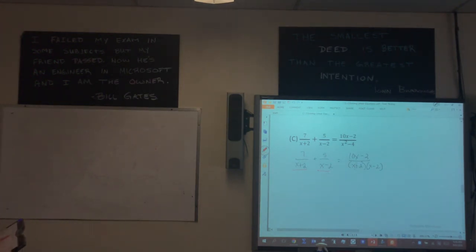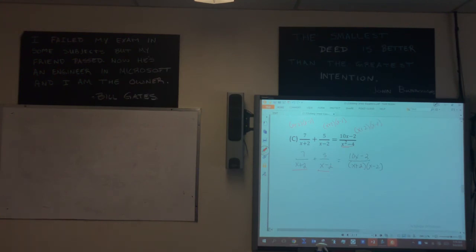Is this new? Nope. It's already right there. Is that new? Nope. It's already right there. So even though that looked different at the beginning, when we factor it, it is already the two terms that we have over here. So my LCD is x plus 2, x minus 2.